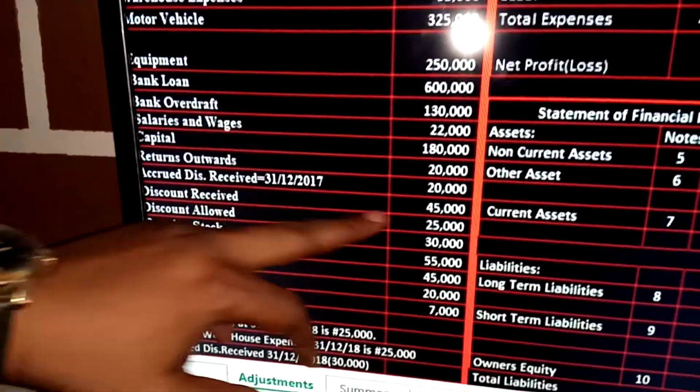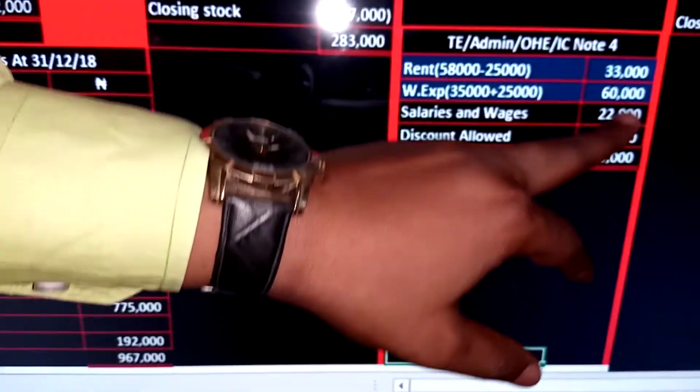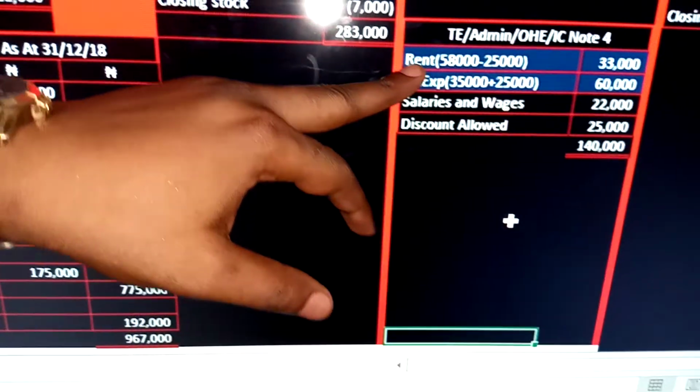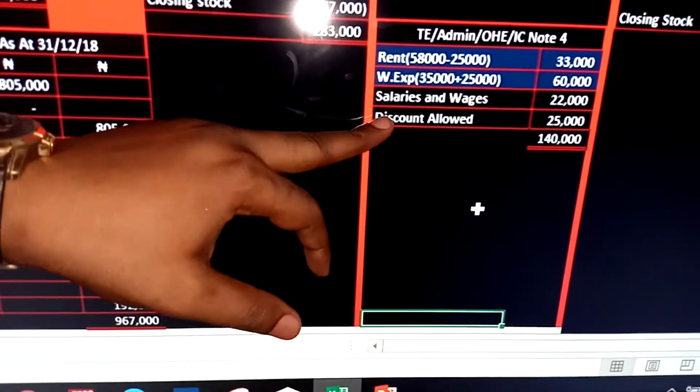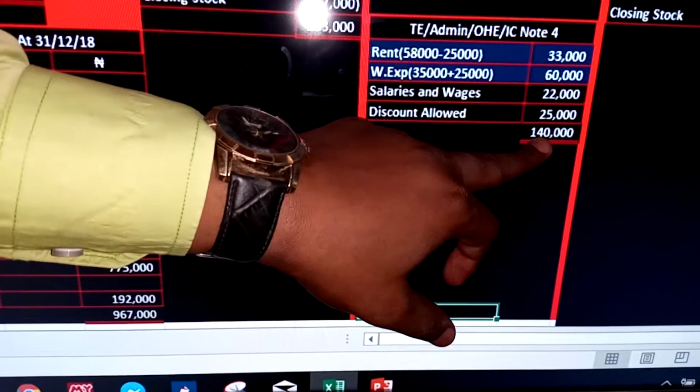There's no adjustment to discount allowed, so pick it from the question, 25,000. So the total expenses, a combination of rent, warehouse expense, salaries and wages, and discount allowed, when you add everything, you have 140,000.